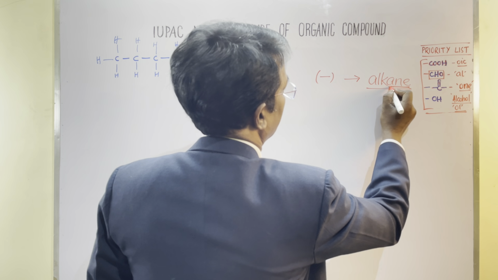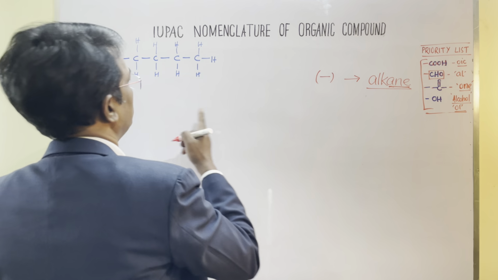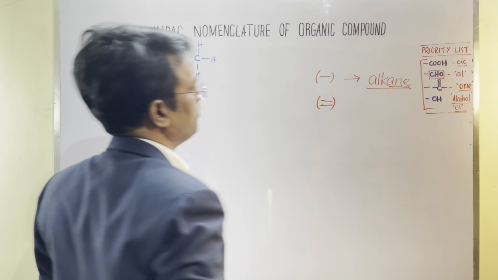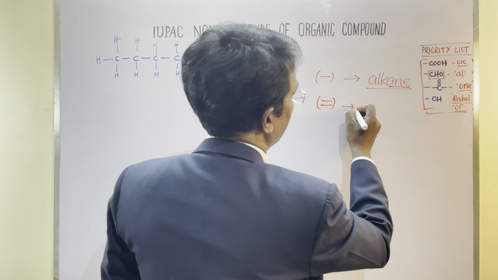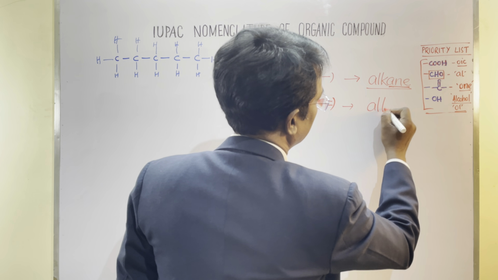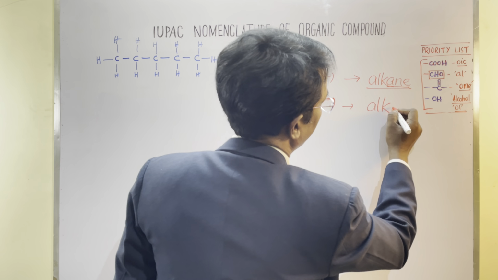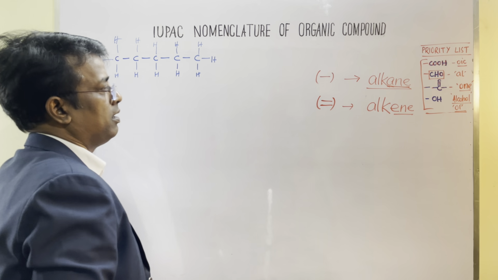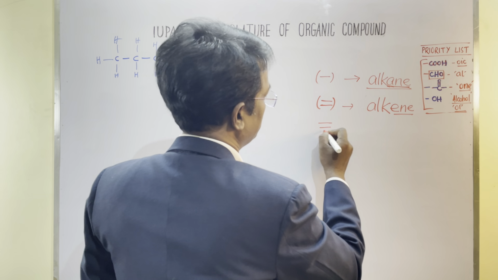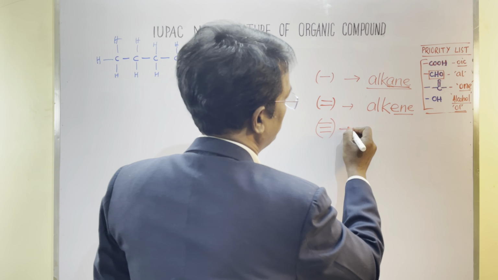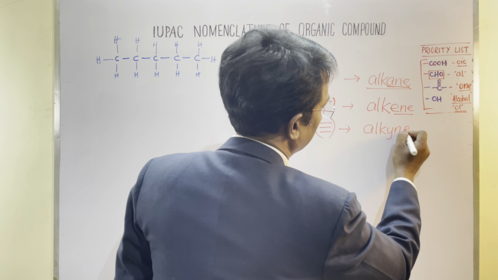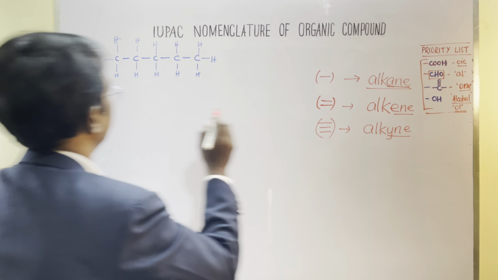AN is the main part. Now if a double bond is present in the organic compound, it is an alkene. Small change, it will become E-N-E. And if a triple bond is present in the organic compound, it's an alkyne.